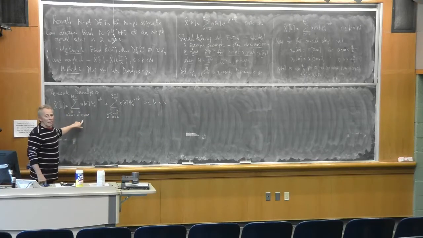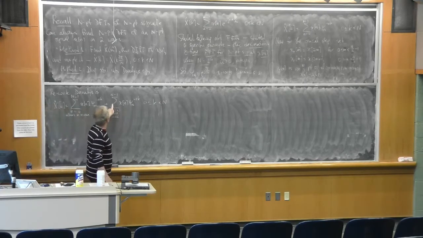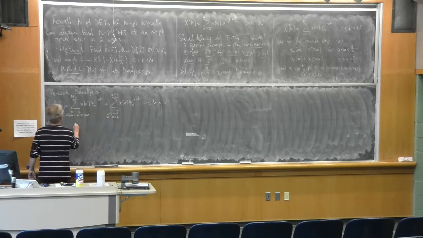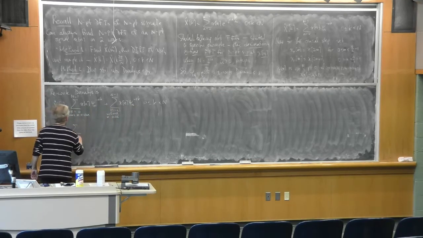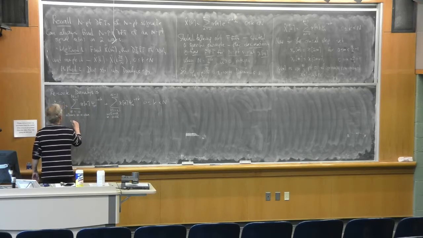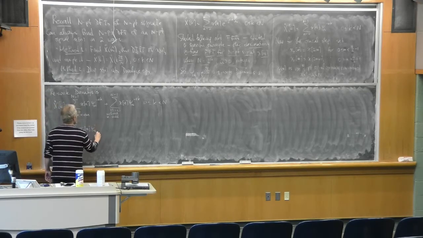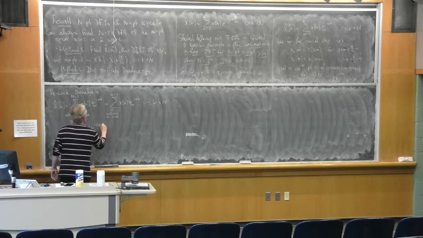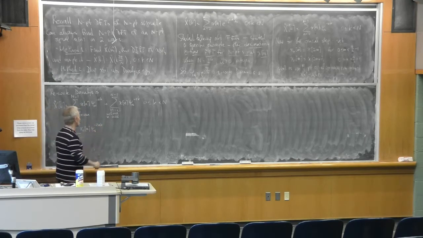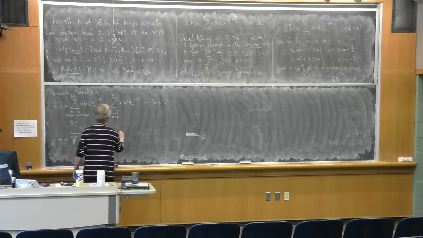Re-index the n in the even sum as 2m, re-index the n in the odd sum as 2m plus 1, and you get this. The sum from m equals 0 to n over 2 minus 1, x e of m, psi sub n to the minus 2mk. And in the other sum, you get this.